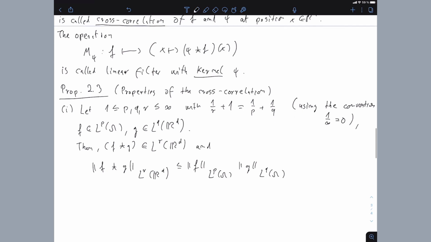And this inequality is important enough to have a name, or at least its counterpart for the convolution. It's Young's convolution inequality. If you replace the cross correlation with the convolution, you get exactly the same inequality.